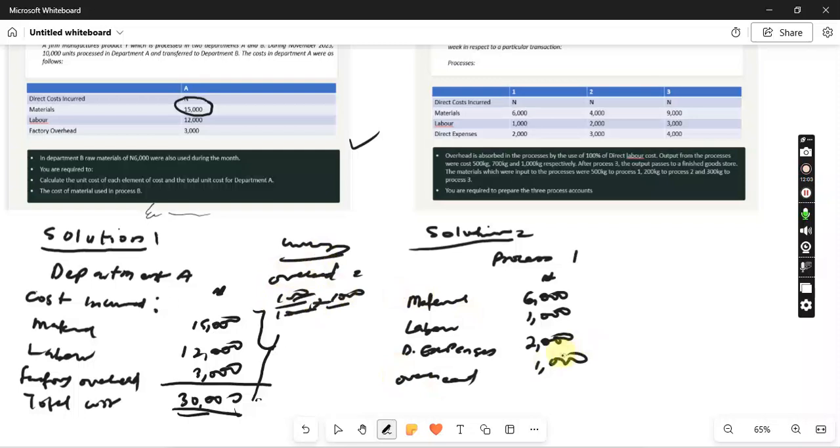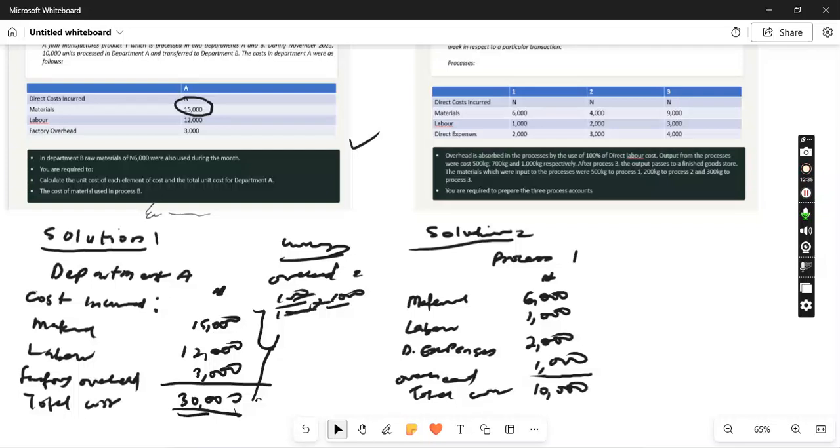So we have our overhead as 1,000 at the end. This means that we have a total cost of 10,000 incurred.